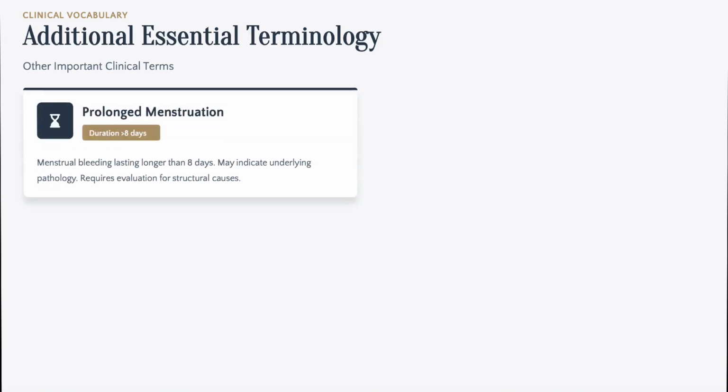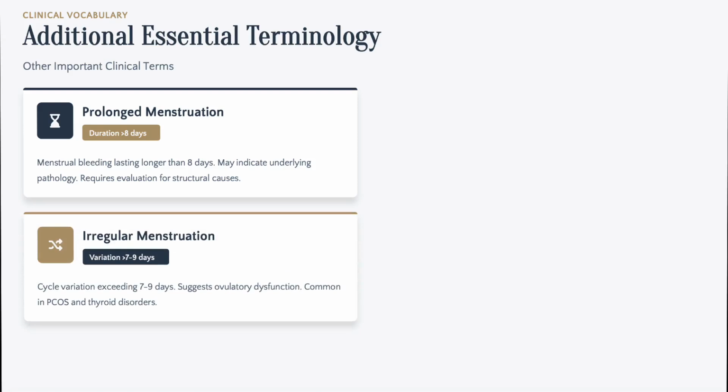There are, however, additional essential terms that you need to know, like prolonged menstruation, which refers to bleeding lasting more than 8 days. This may indicate underlying structural pathology and will also require evaluation.